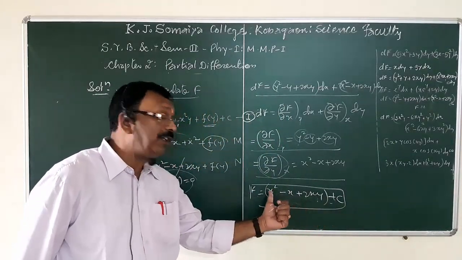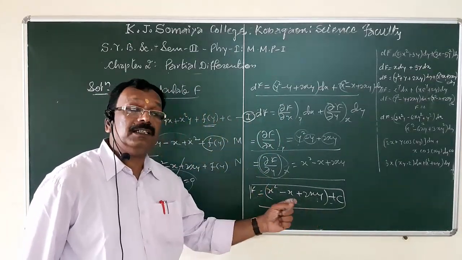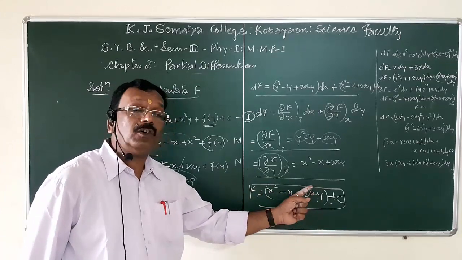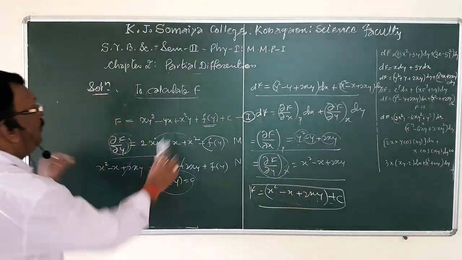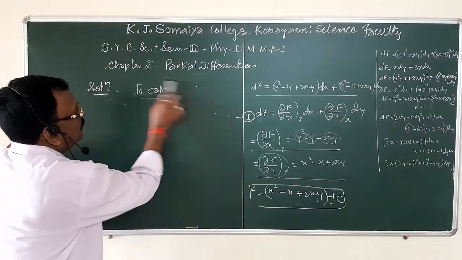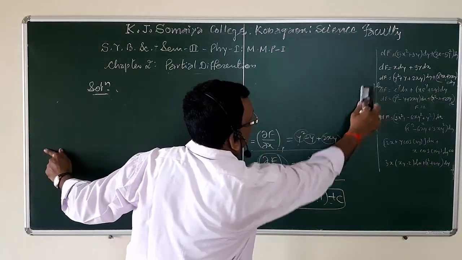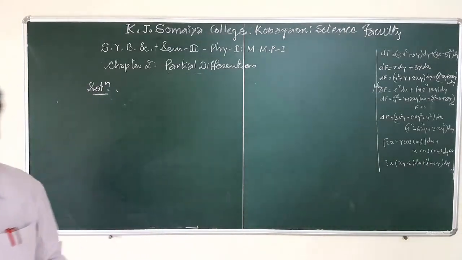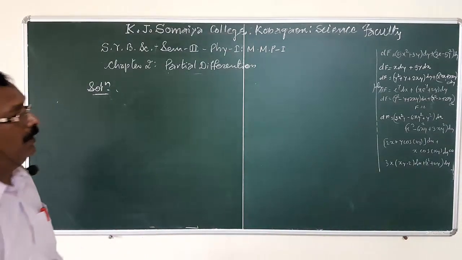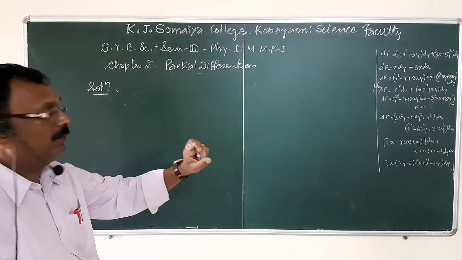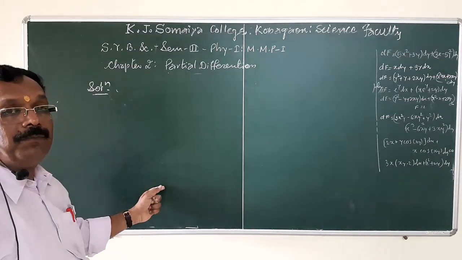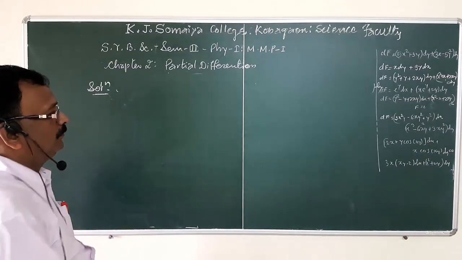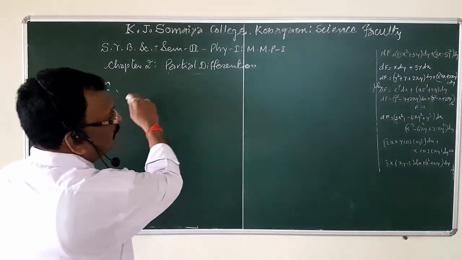It is independent of x and y, hence it cannot be determined. Okay. Now I am giving you some problems for homework related to exact differential equations, and you have to solve these problems by the same methods as we already studied here.